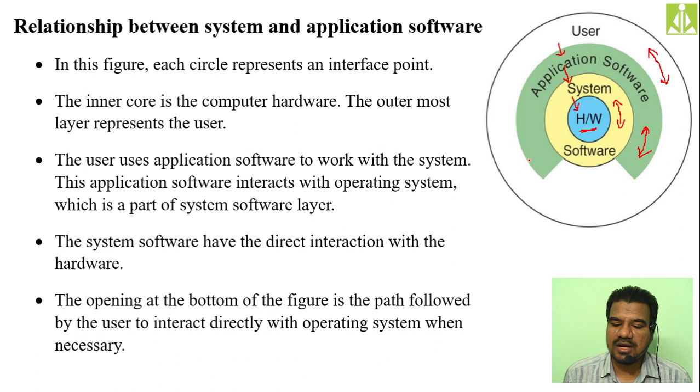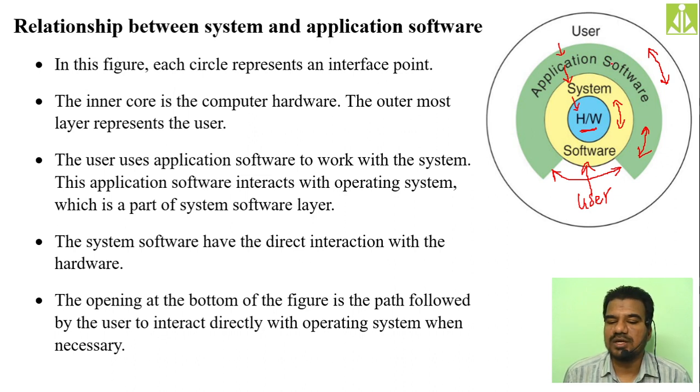Or, here you can see this notch, this special area from here to here. Using this special area also the user can interact. This white layer is nothing but the user only. So the user can directly interact with the system software if he needs, where again the system software will interact with the hardware.